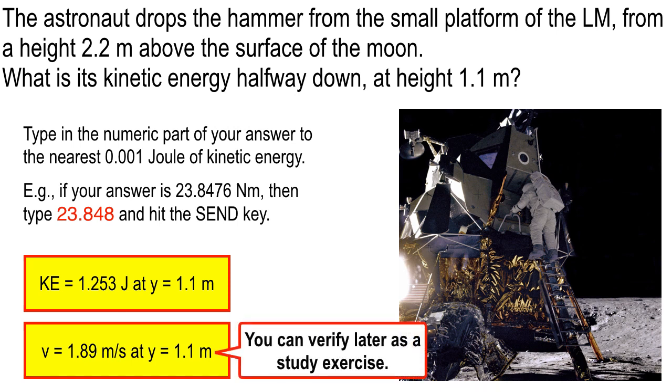All right, so I'll write this down, and you go ahead and write it down, then you can re-verify that later as a study exercise. Matter of fact, filling out the entire rest of the table on the talking PDF in your notebook is a good study exercise as well.